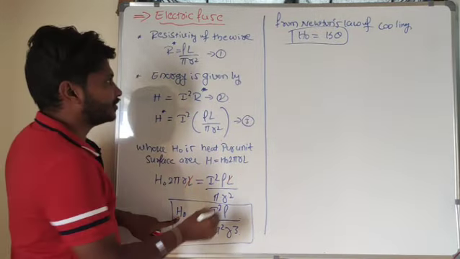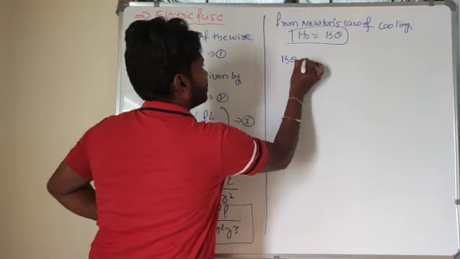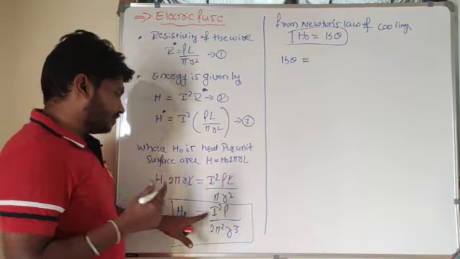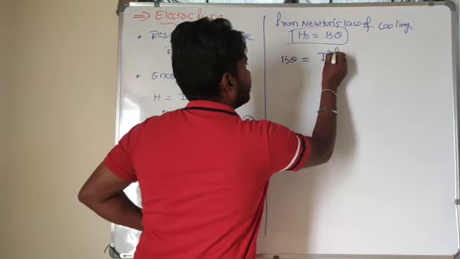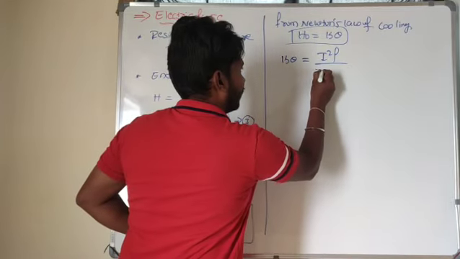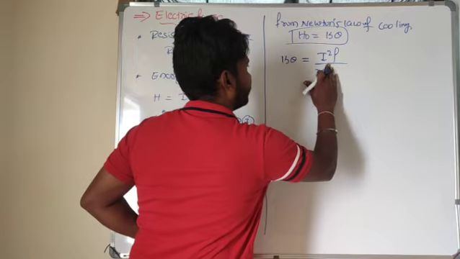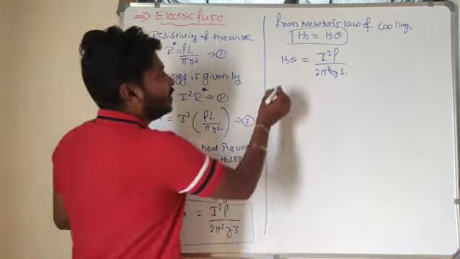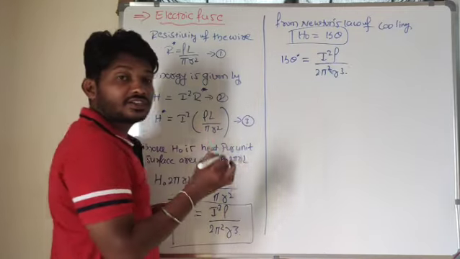So wherever H naught is there, I will take it as K into theta, where theta refers to temperature, or delta T you can take it. So it is equal to I square into rho divided by 2 pi square into R cube. So look here, now I got the relation between temperature and current.